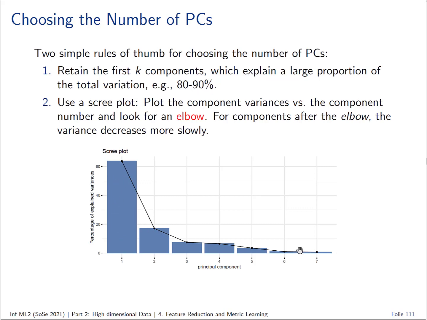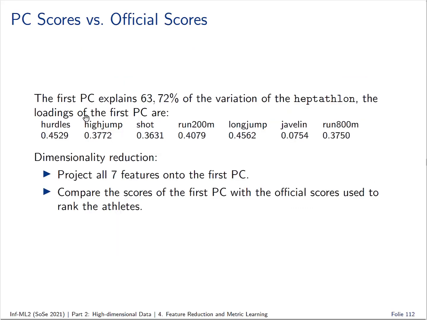But there's some kind of clear elbow here. So let's hope for the best and just keep the first one. The first principal component explains 63 point something percent of the variation of the heptathlon data set.